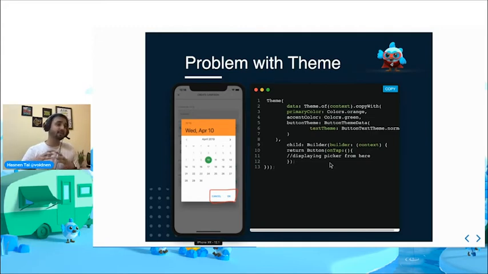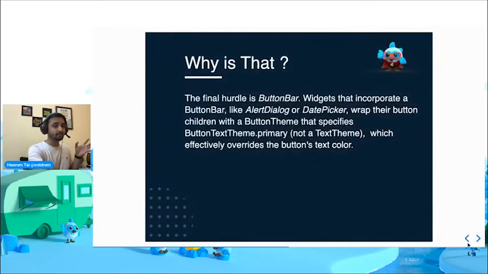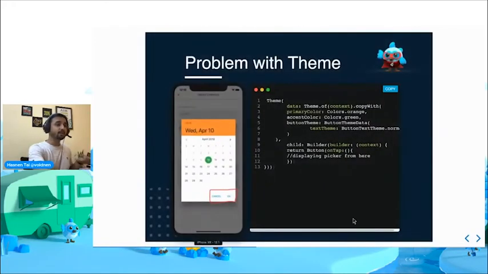Of course there was a way to override this, but if you are a beginner, there was no clear specification in the API documentation on how you can override this, or there was a hacky way to do it. But there was an issue where the widgets which use what is known as button bar were overriding the theme with a default theme.